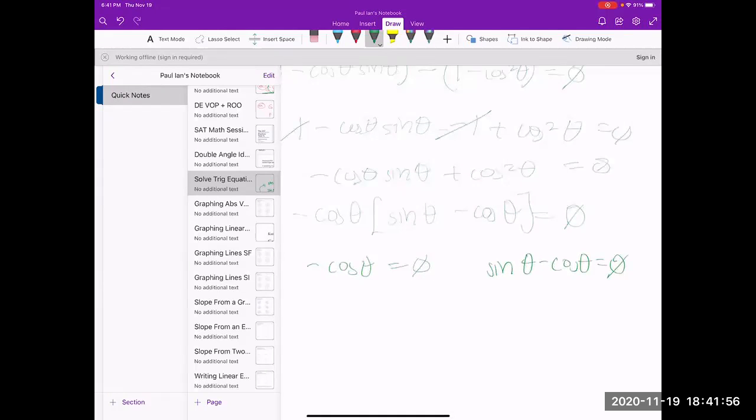And from this, you're going to get cosine: pi over 2 and 3 pi over 2, and the minus doesn't matter. And then the sine equals cosine.